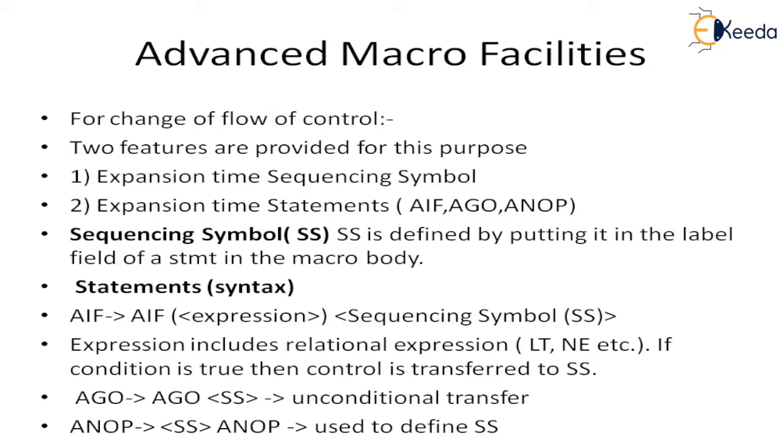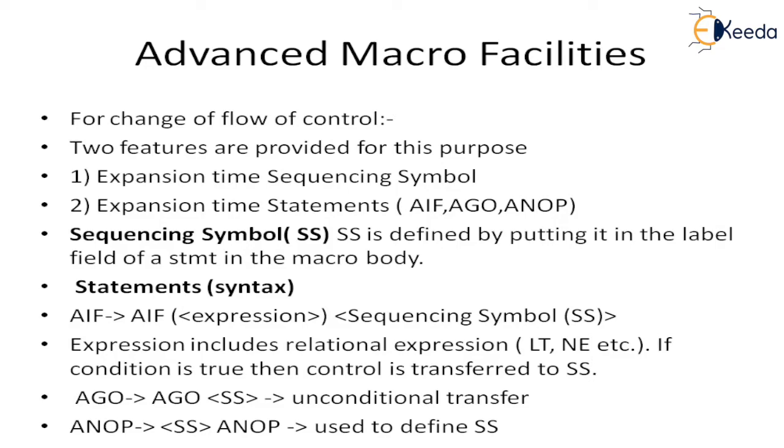So basically it is an expression including a relational expression. It uses the relational or condition statement for true or false, where the sequencing symbols are also useful, as control is transferred to the sequencing symbol. So AIF is nothing but an expression applied whenever that particular condition is true.